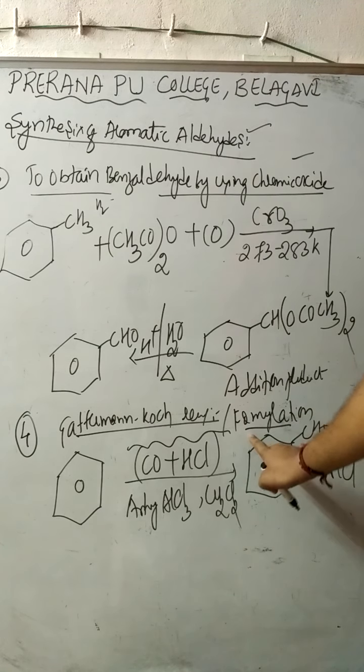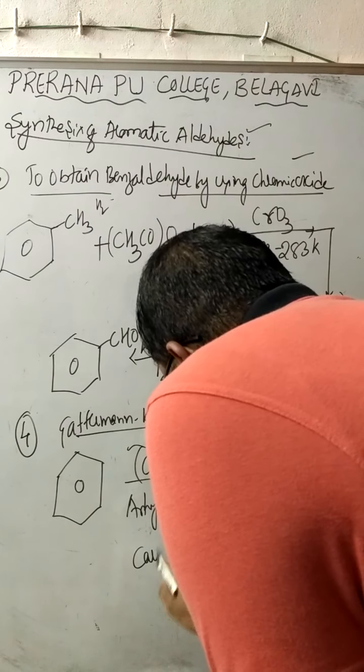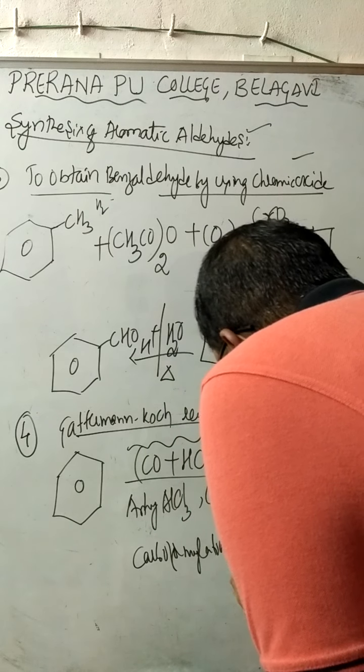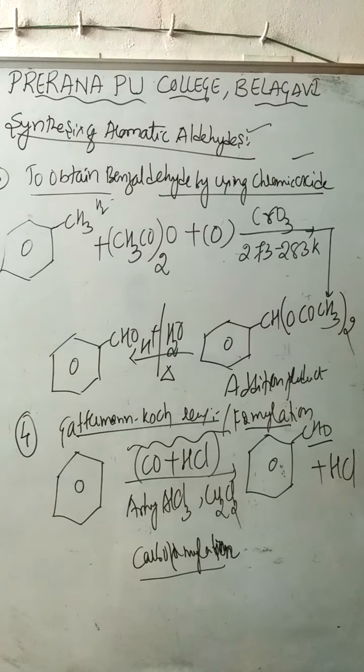So this is regarded as a formylation reaction because the formyl group, nothing but the CHO group, is added to the benzene ring, or else this reaction can also be called a carboformylation reaction because the addition of carbon monoxide along with HCl leads to the formation of an aldehyde group on the benzene ring.